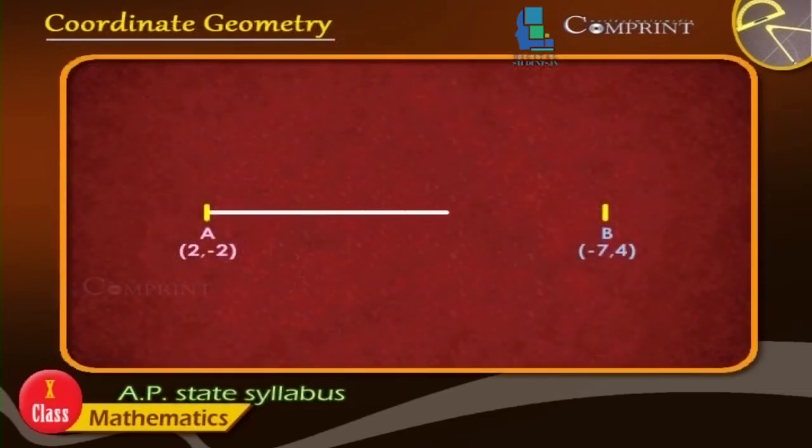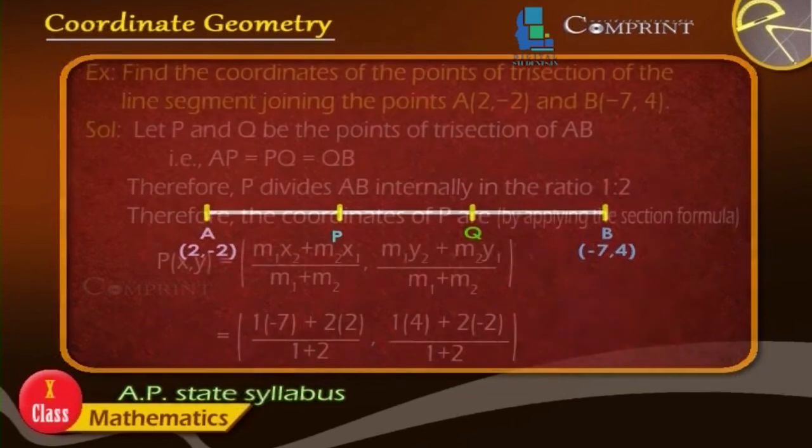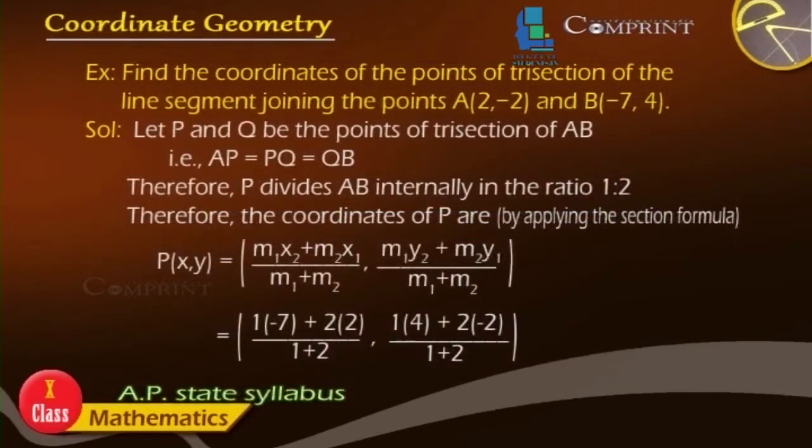Solution: let P and Q be the points of trisection of AB. That is, AP = PQ = QB. Therefore, P divides AB internally in the ratio 1:2.